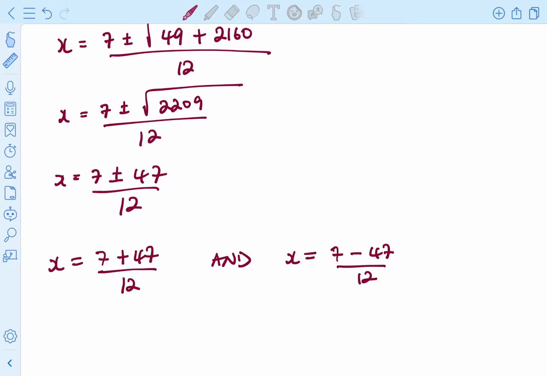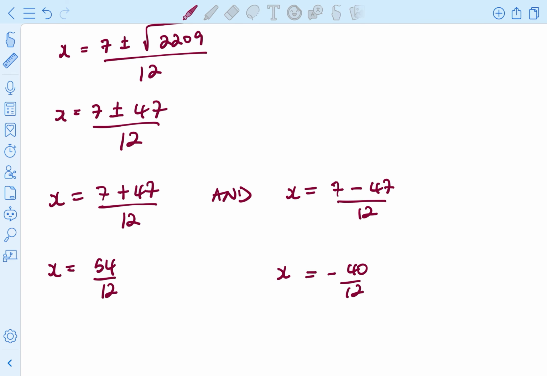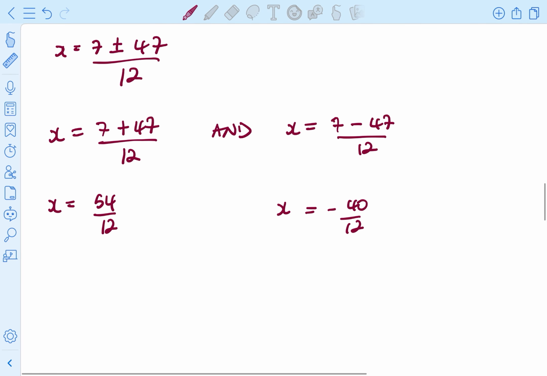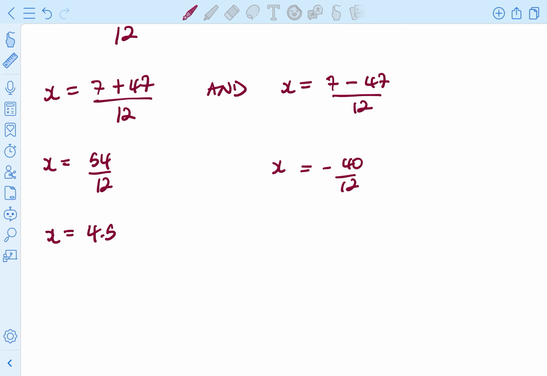So 47 plus 7, x would be equal to 54 divided by 12, and x would be equal to negative 40 divided by 12. In this case, 54 divided by 12 is 4.5, and here x will be equal to negative 3 and a third, so this would be negative 3.333.